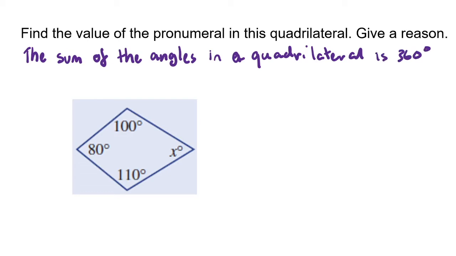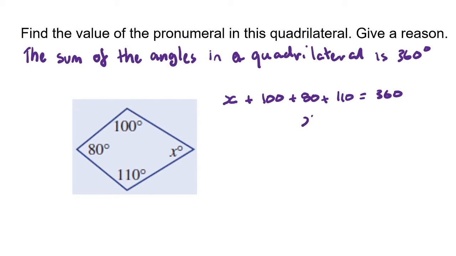Sum of the angles in a quadrilateral is 360 degrees. So from that we know that x plus 100 plus 80 plus 110 is 360. If we add all of those numbers up, we get 290.